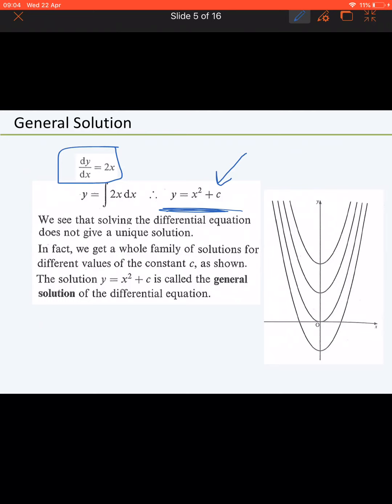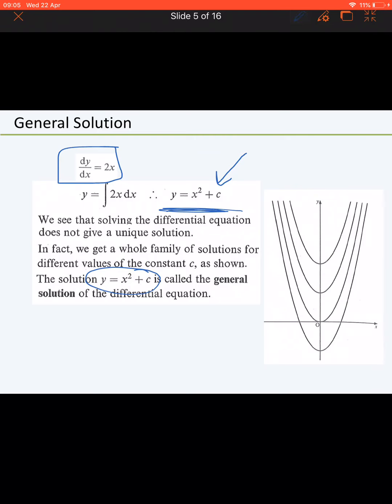So actually, when you solve that differential equation, you don't get what we call a unique solution. You don't get just one answer. What you actually get is a whole family of solutions, a family of curves. Okay, and where you've still got that constant c in it, we call that the general solution of the differential equation.